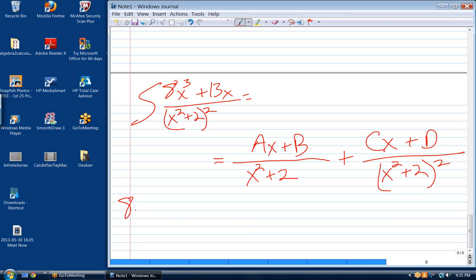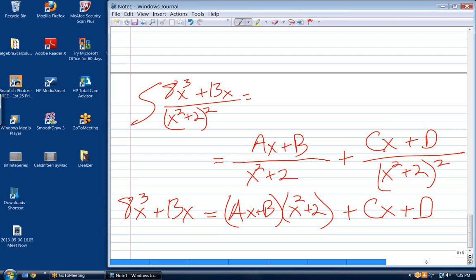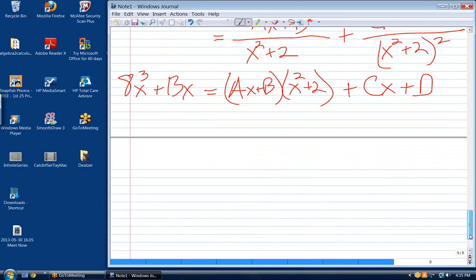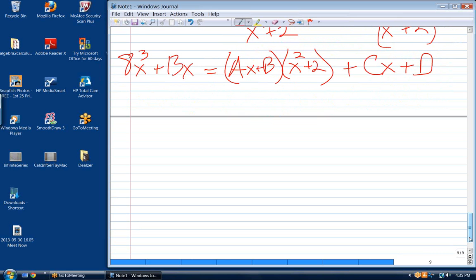Now we've got 8x cubed plus 13x is going to be equal to ax plus b times x squared plus 2, plus cx plus d. Right? Okay. Now we're going to use a different technique to figure out the coefficients here.